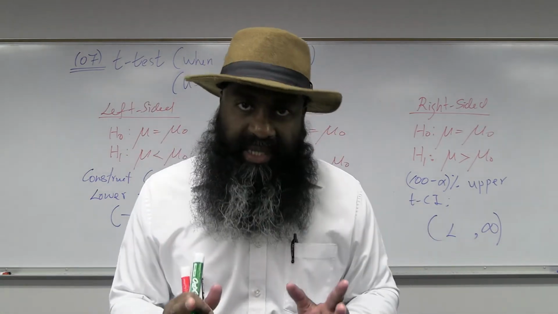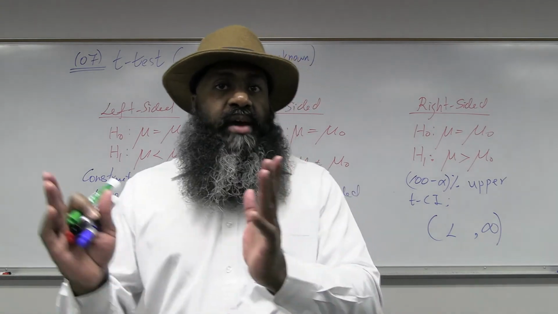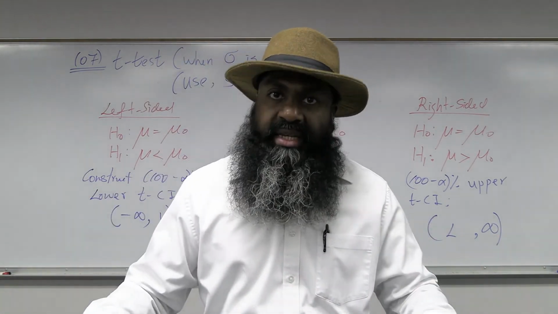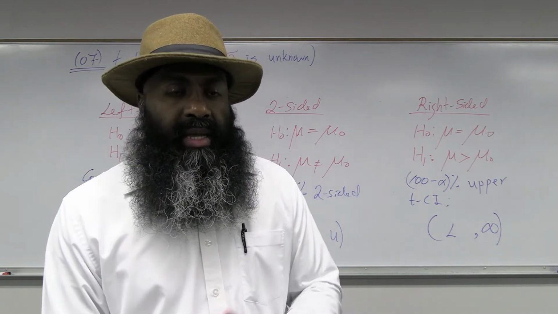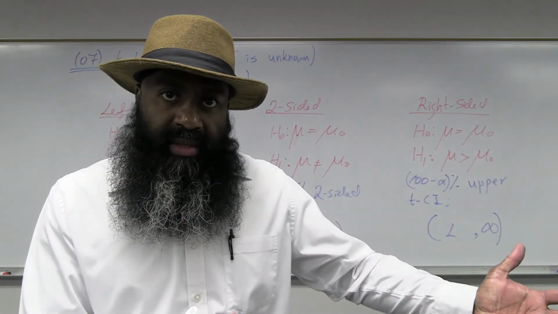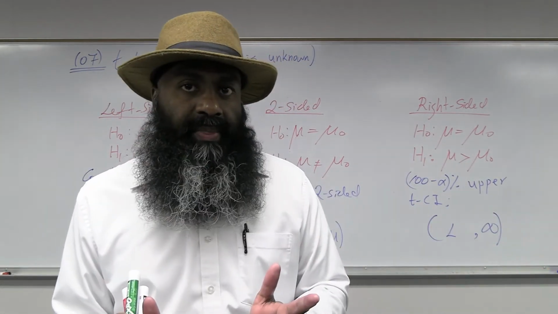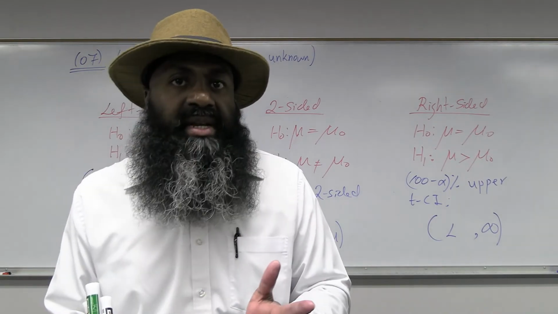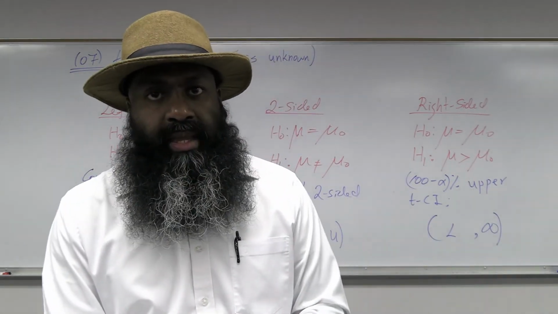So if the null hypothesis is accepted, the conclusion should be of the form, we have no statistical evidence to support the alternative. If the null hypothesis was rejected, that means our data support the alternative, and we write it that way. We have statistical evidence to conclude that the alternative holds true.